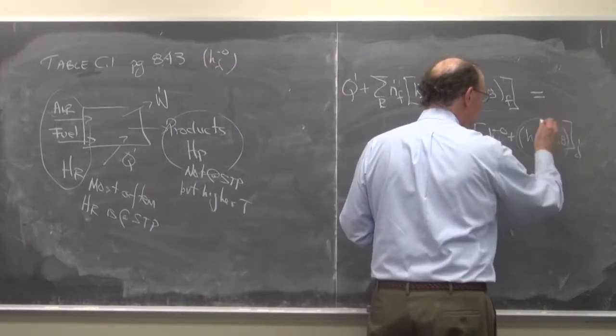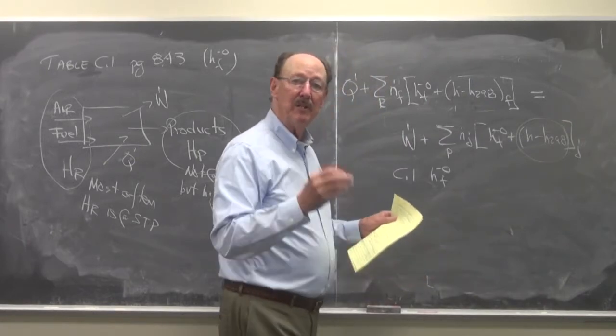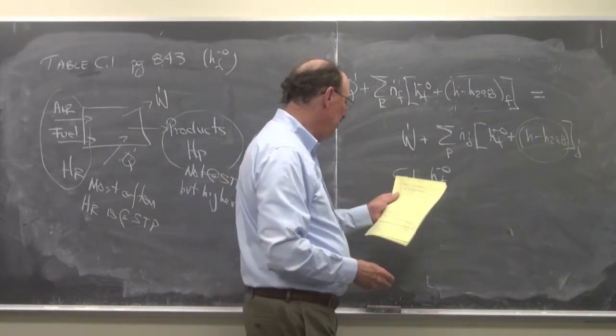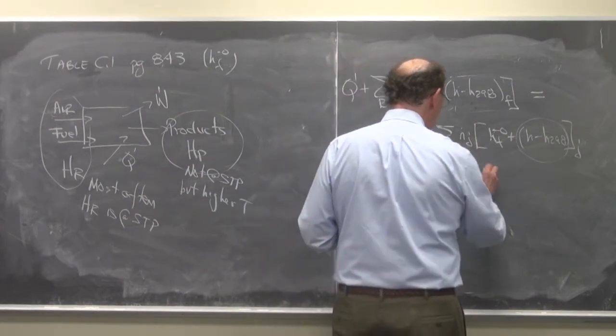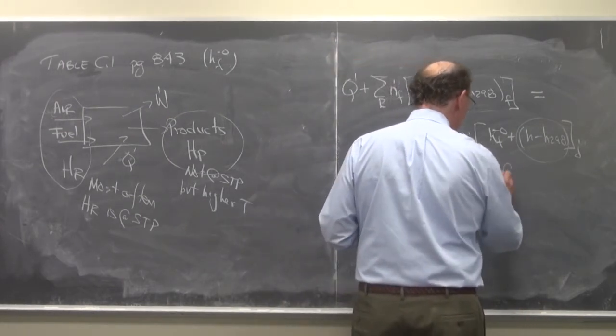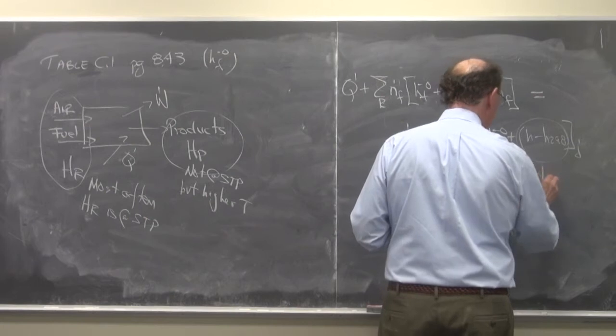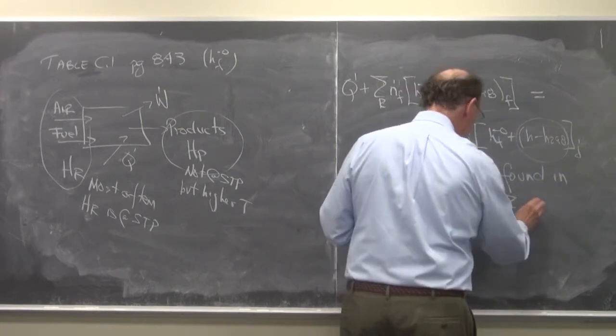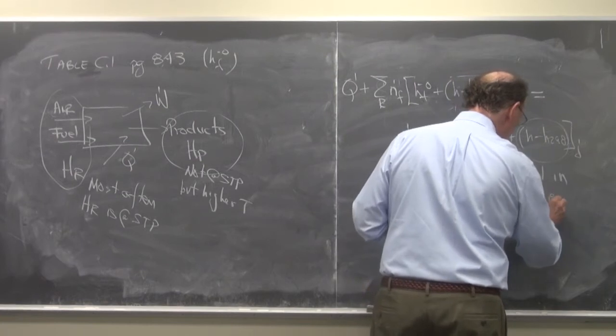So this delta H is the correction for the temperature above 298. And these are found in table C2, page 844 and following.